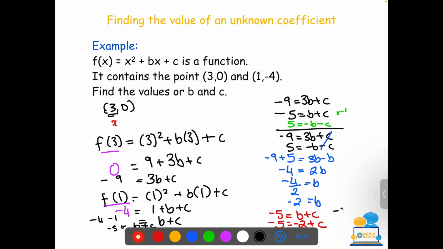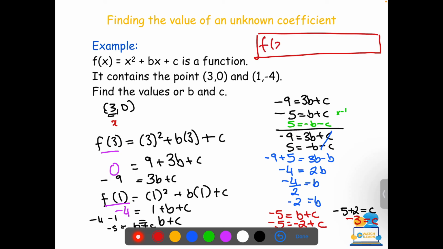So I have minus 5 plus 2 is equal to c. So my answer then, minus 5 add 2, minus 3 is equal to c. So just to go back up to our question, our function then will be f of x is equal to x squared minus 2x, because that's what our b is, minus 3.